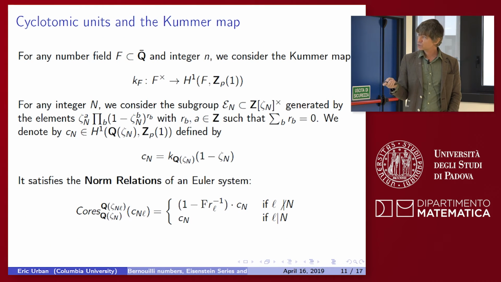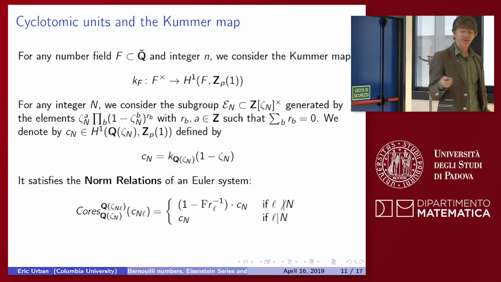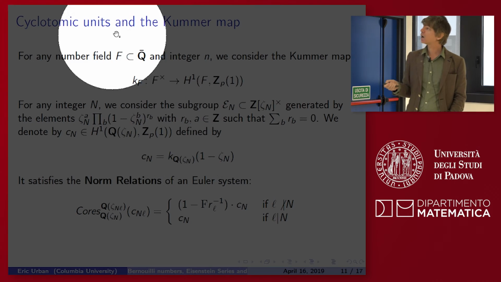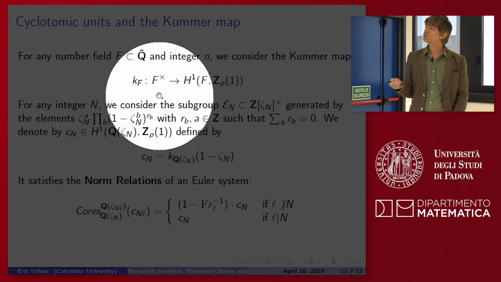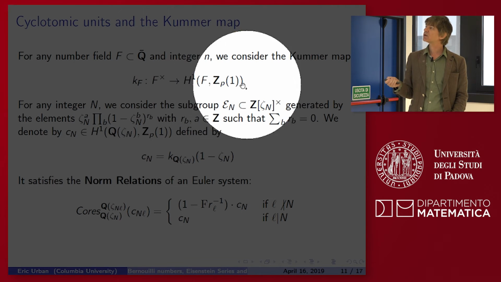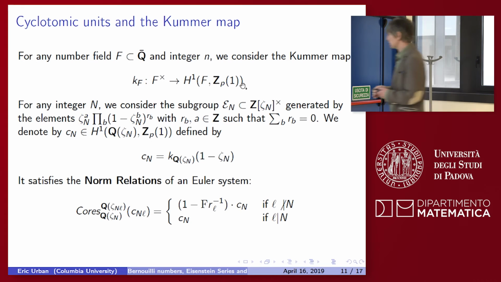So now I want to speak about cyclotomic units. If you take a number field F inside Q bar, and an integer n, you can consider the Kummer map from F cross to H1 of F, Zp of 1. So let me explain this.